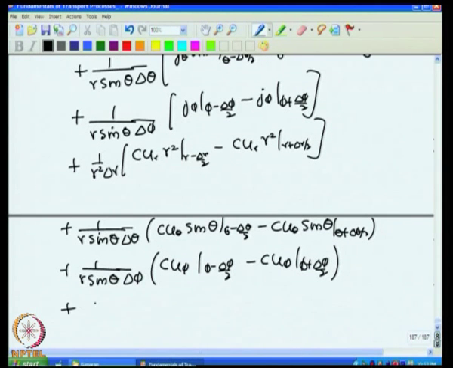And finally, I will have just the source term. Okay. So, that is the final complete expression for the difference equation.